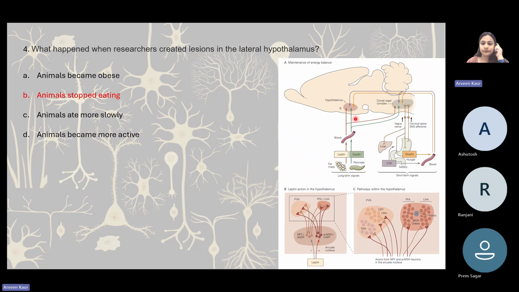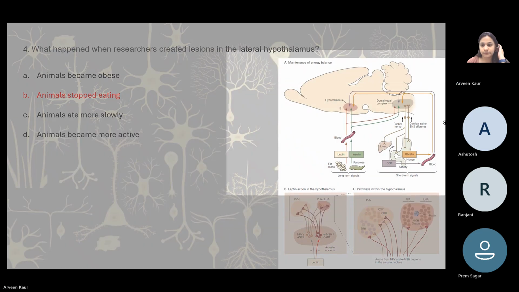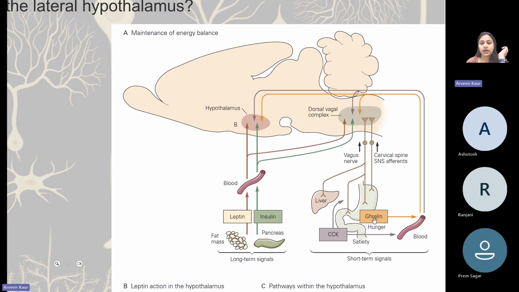And this is a representation of the maintenance of the energy balance that normally takes place. Let me just zoom into this. Normally, the hypothalamus gets a signal from the blood.